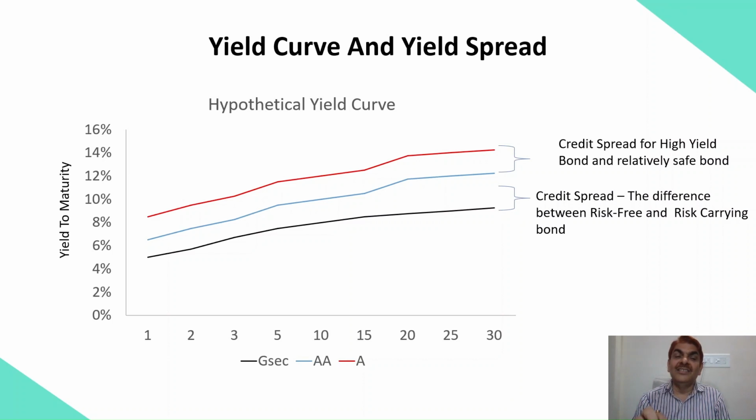This yield spread, this credit spread, is basically a measurement of credit risk. So higher the credit spread, higher the credit risk. That is a simple definition for you to understand.